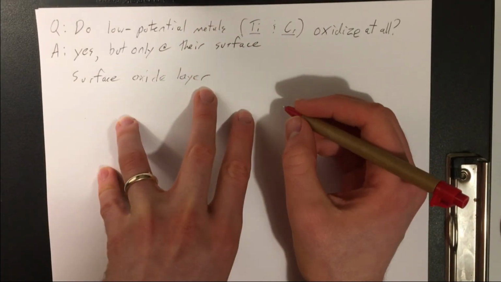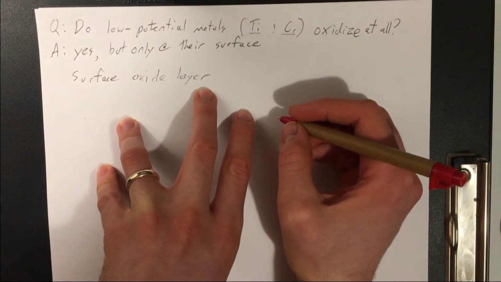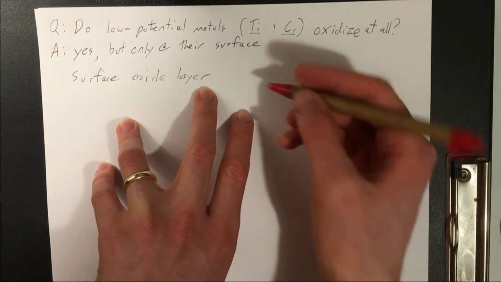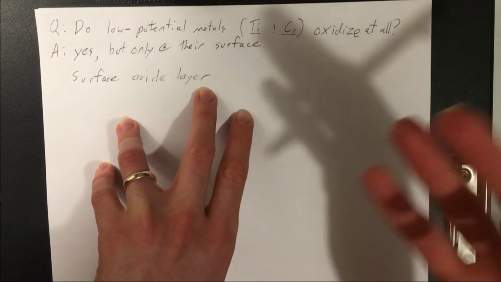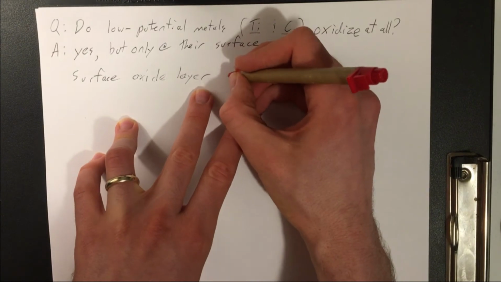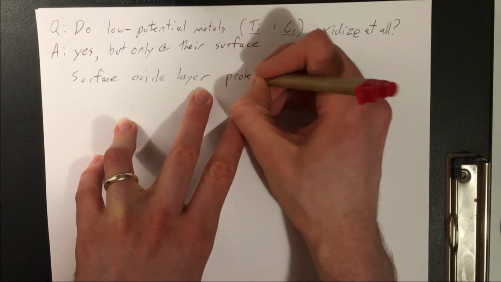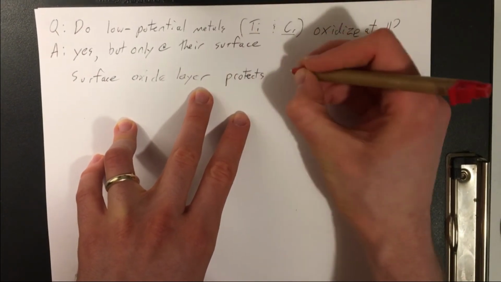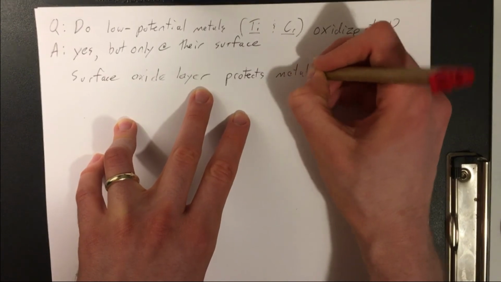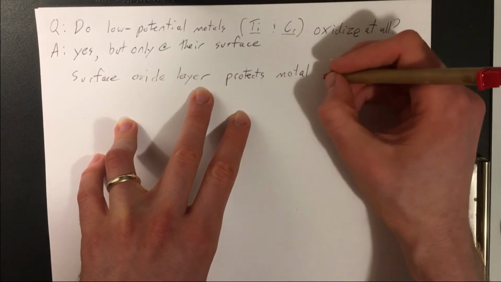The surface oxide layer prevents further corrosion of everything underneath. It acts as a protection. So the surface oxide layer protects the unoxidized metal underneath.